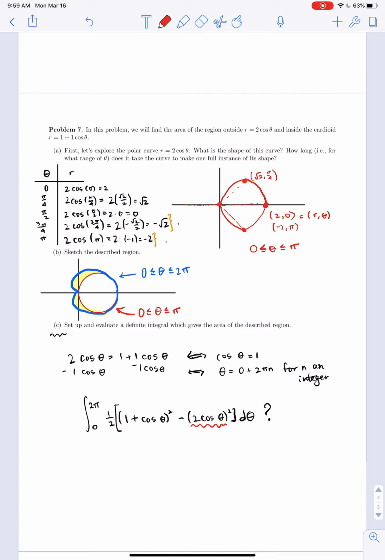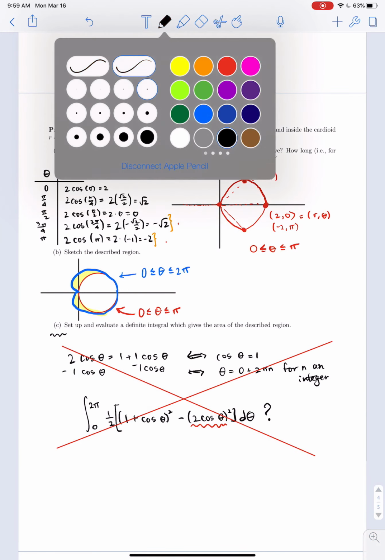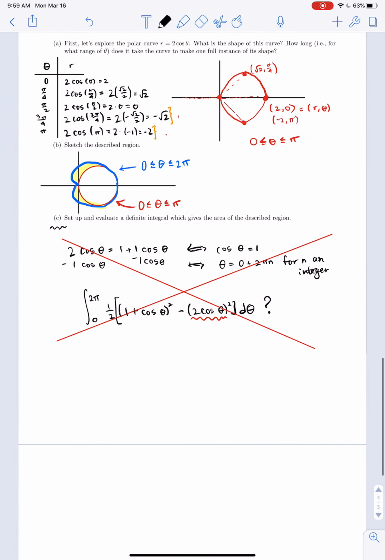Okay, so let's just think about this. Given that the red curve is just a circle and it lies completely inside of the cardioid 1 plus cosine theta, why don't we just subtract the area of this red circle that has radius 1? Does that sound reasonable?